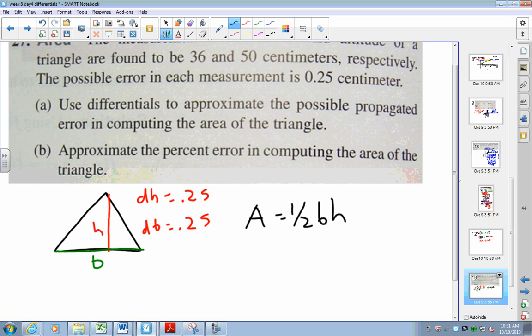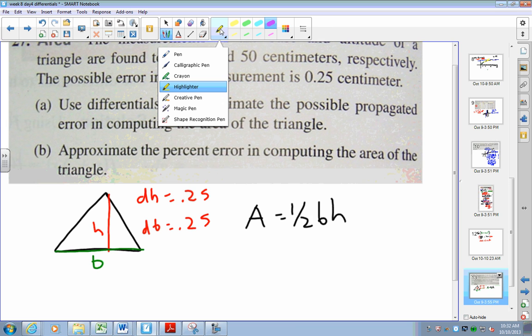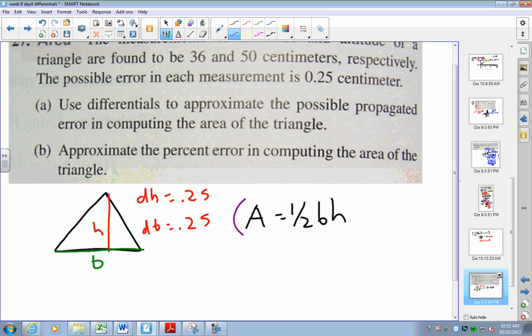Here's where your flaw is if you do it your way. There's 2 variables. You agree? If I did dA, d who? Give me one. dH. Who will I get out?